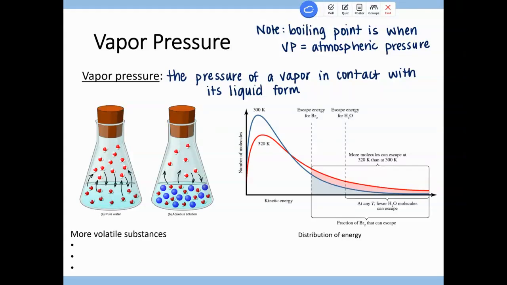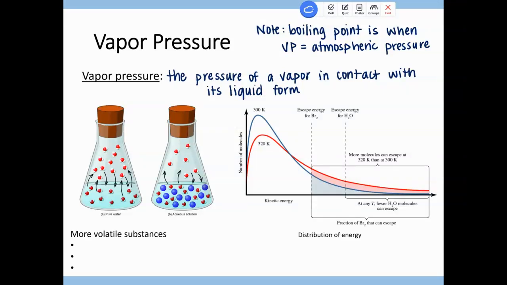If a temperature is measured at 300 Kelvin, most of the particles have a kinetic energy that's related to the temperature of 300 Kelvin, but some of the particles have higher energy. Remember, temperature is an average. So some particles have higher energy, some have enough energy to become a vapor.